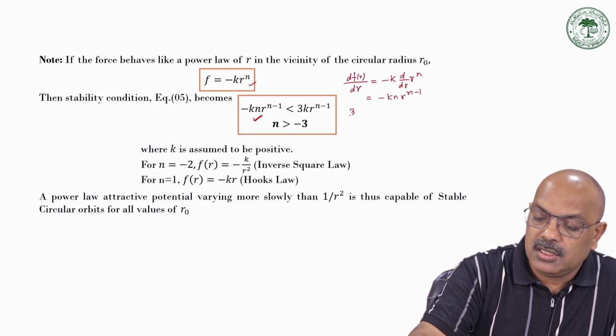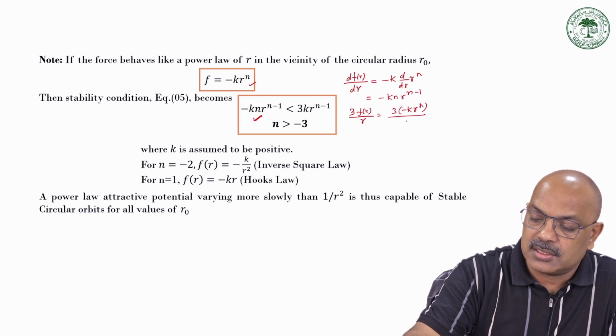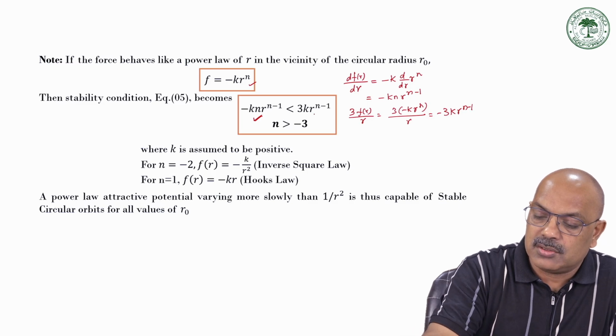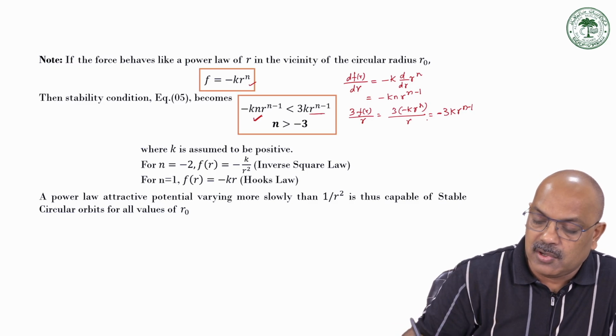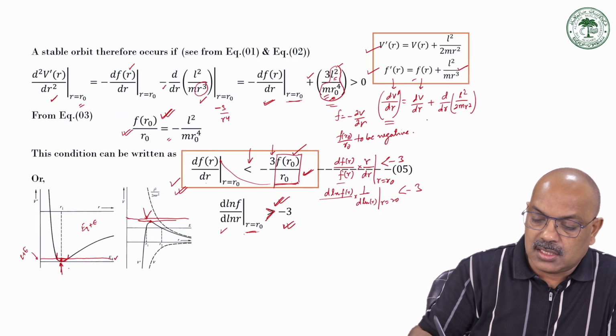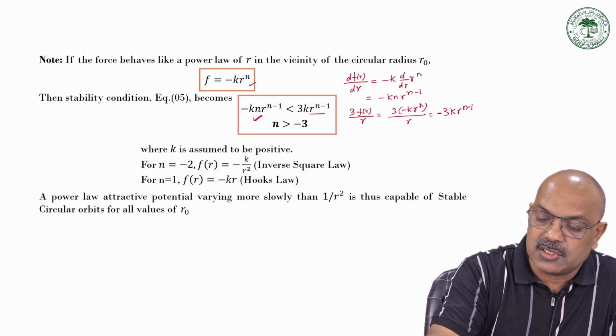So for 3 fr by r, fr is minus k r to the power n, and dividing by r, this is going to be minus 3 k r to the power n minus 1. Because this is with the negative sign, this becomes positive, plus 3.